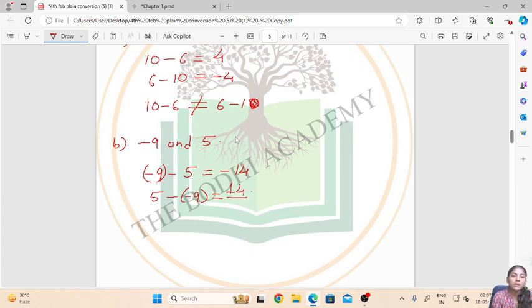So here also we can see minus 14 and 14 are two different integers. That is why minus 9 minus 5 is not equal to 5 minus 9.